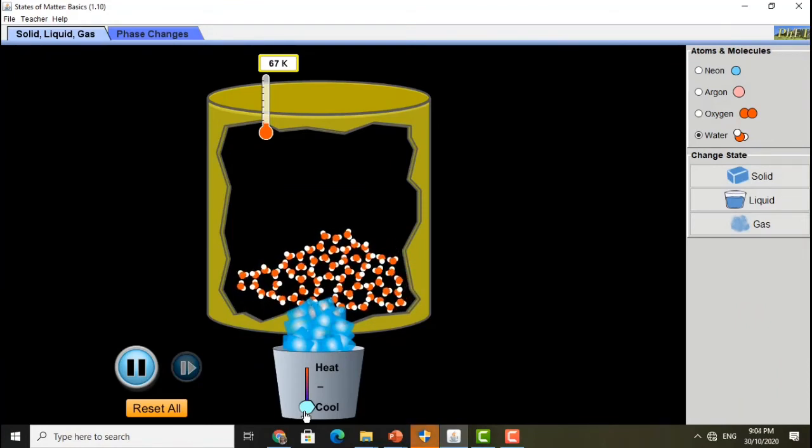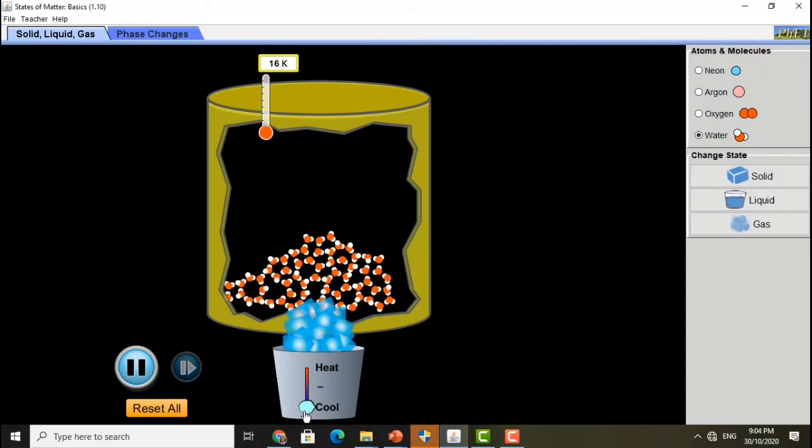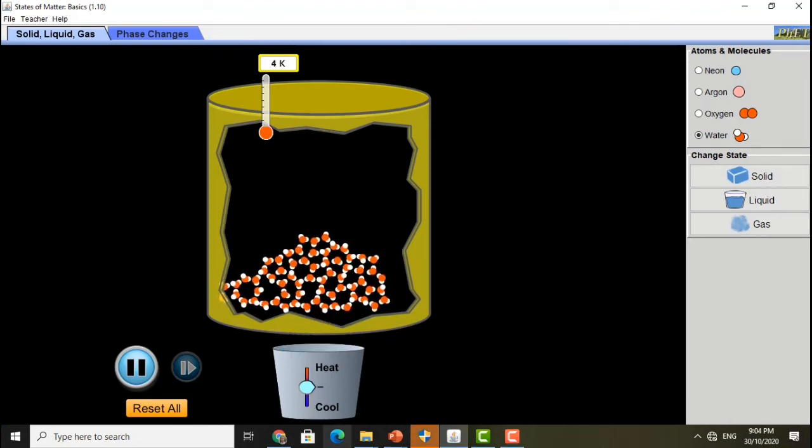So that's a different property of water. Do you know that water is densest at 4 degrees Celsius? And then cooling it further, from 4 degrees to 3 degrees to 0 degrees, it will actually expand. So water is the only liquid which has that property or behavior.